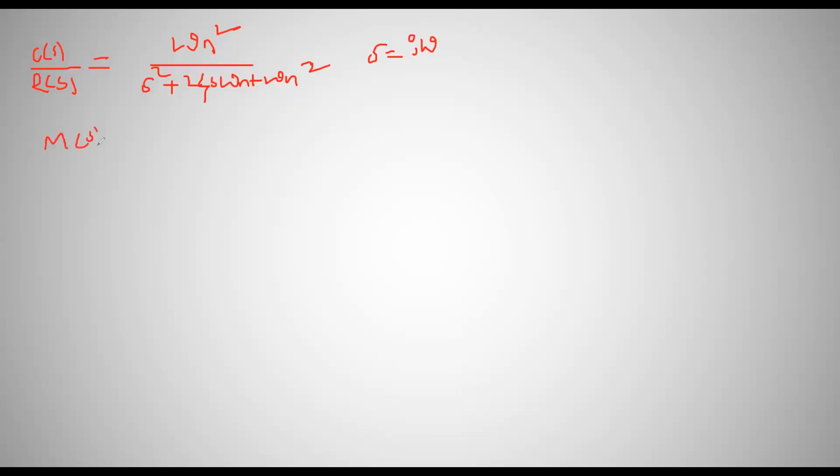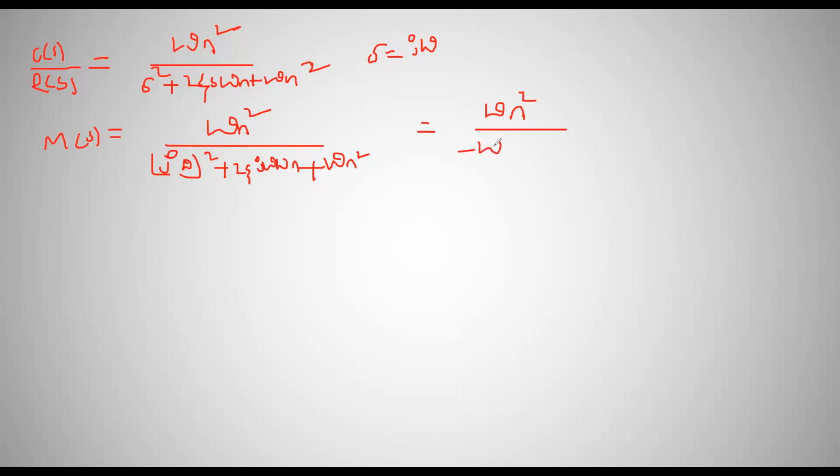This is the transfer function omega n square by s replaced with j omega: (j omega) whole square plus 2 zeta j omega into omega n plus omega n square. So j square means minus 1. So omega n square by minus omega square plus j into 2 zeta omega omega n plus omega n square.